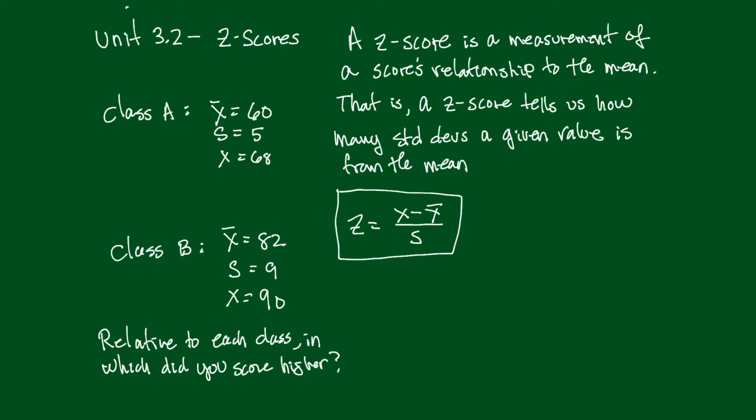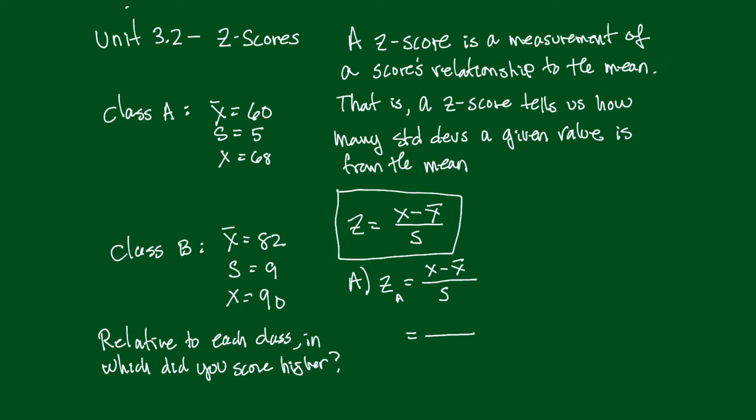So let's compute these for both of our classes. For Class A, how about our z-score? I'll put a z sub A to keep track of these. The z-score for Class A is a fraction. I'm going to write the formula, X minus X bar over S. I got into the habit of writing the formula every time, so it's like I have a roadmap right in front of me, and all I have to do is fill in the numbers.